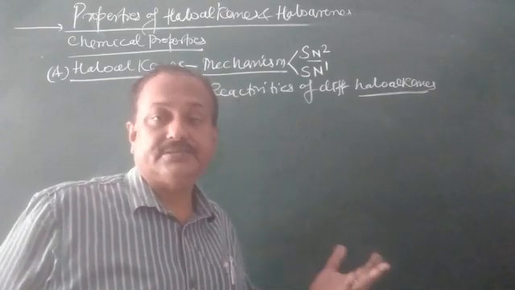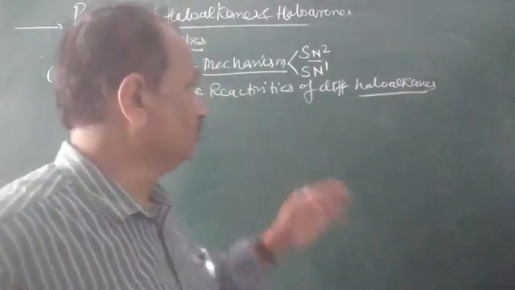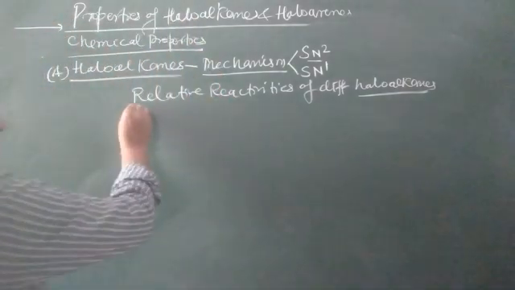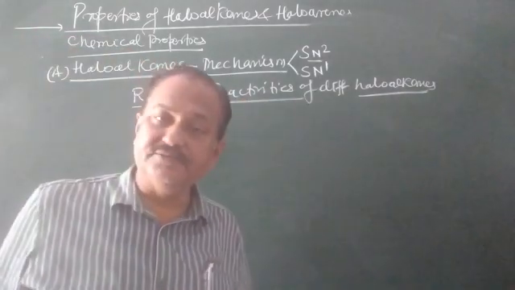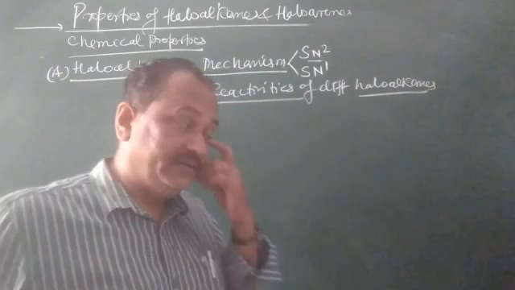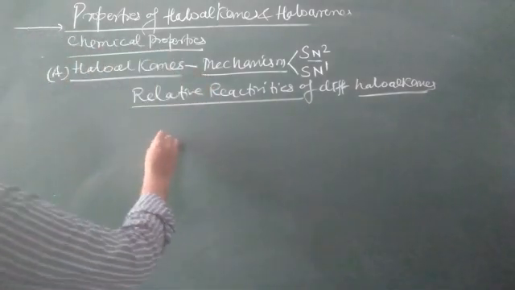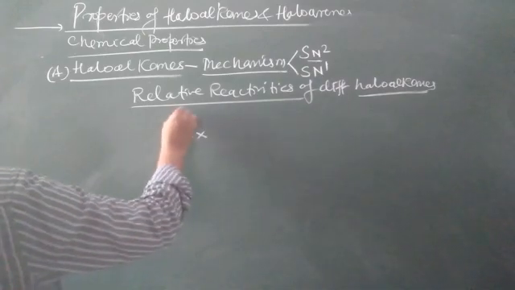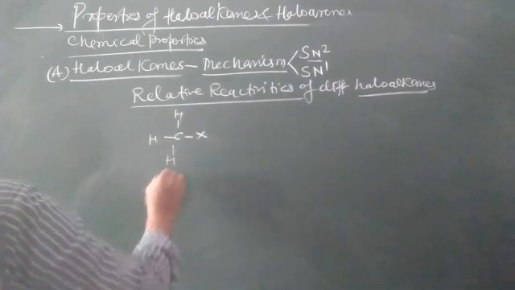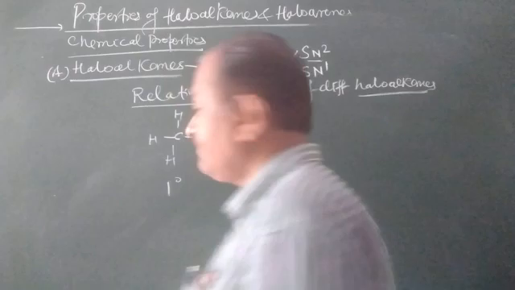Now the next point related to it is relative reactivity of different haloalkanes. We have the primary haloalkanes, we have secondary, we have tertiary. Now see, I am drawing here carbon X, H, H, H. This is primary.